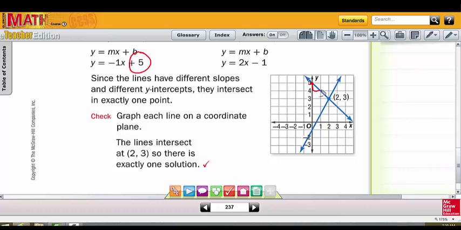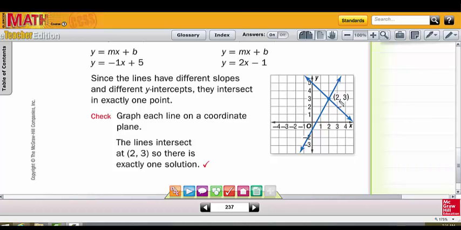So if we go down 1, over 1, down 1, over 1, we end up exactly at that point. In this case, we started at negative 1 and go up 2 over 1, up 2 over 1. Again, we end up exactly at that point. That is a pretty good indicator that this is indeed an exact solution to that equation. Keep that in mind when you are graphing them.